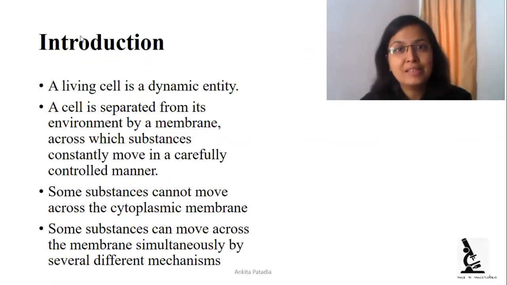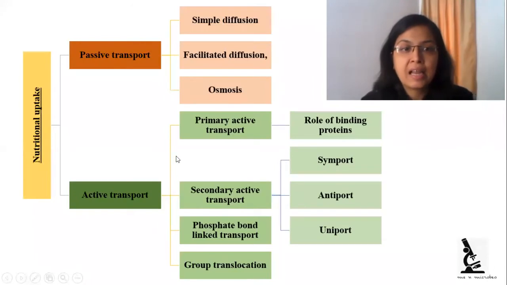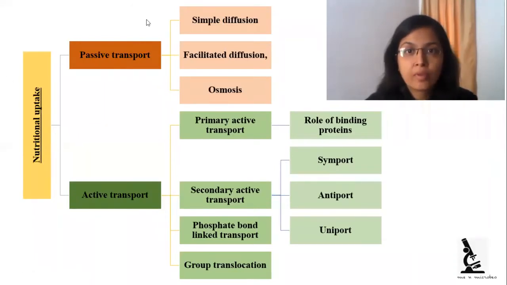Different mechanisms are there for the transport of various molecules inside the cell via the permeable membrane, and according to that controlled manner we can classify nutrient uptake. Nutrient uptake is classified mainly into two classes: passive transport and active transport.